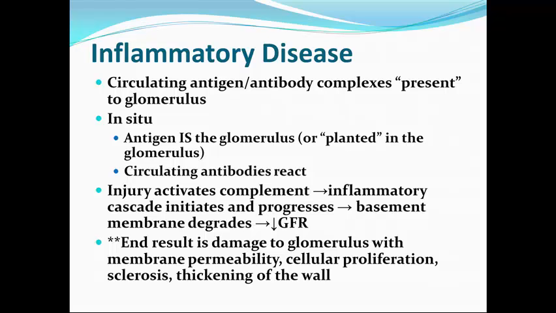Let's turn our attention then to some of the inflammation-based glomerular diseases. Now, we've talked about these concepts before. I keep threatening you that you can run but you can't hide from the inflammatory system. So one of the things that happens is that you have circulating antigen-antibody complexes that present themselves to the glomerulus.